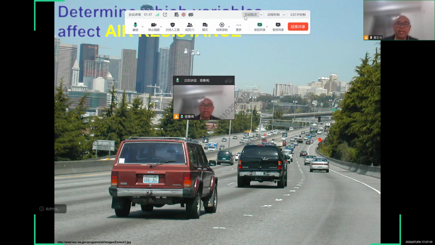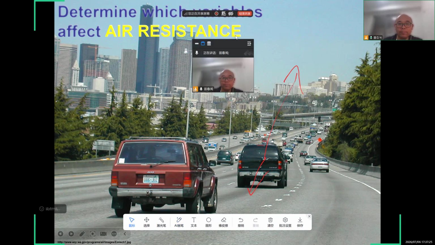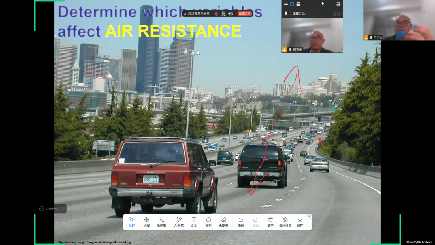What's related to this force? There is a drag force in here, right? For example, say I have a car here.